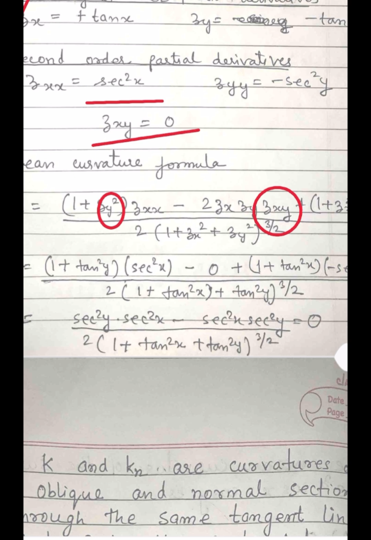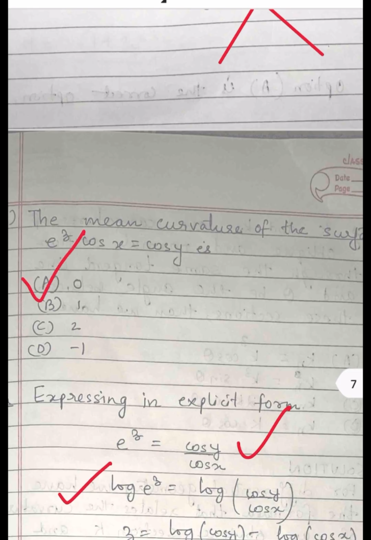Now 1 plus tan square y is sec square y, and 1 plus tan square x is sec square x. So the numerator becomes 0, then the entire term will become 0. Okay. Correct answer here is option A, answer 0.